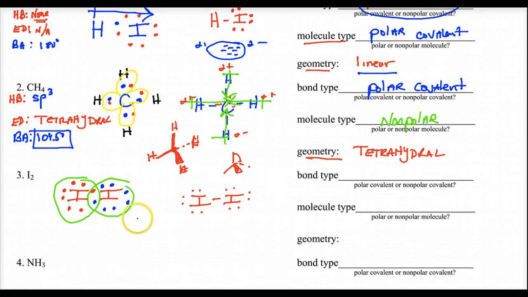Okay, the bond type. Well, because they're the same atom, they have the same electronegativity, they're going to be pulling on these electrons equally. They'll be sharing equally right down the middle. So this is going to be a nonpolar covalent bond. Nobody feels the electrons on either side of the bond. Equal distribution. Okay, so nonpolar covalent. The molecule type also has to be nonpolar. And you say, well, why? Well, because there's no dipole moment, because there's no polarity, there's no polar bonds.